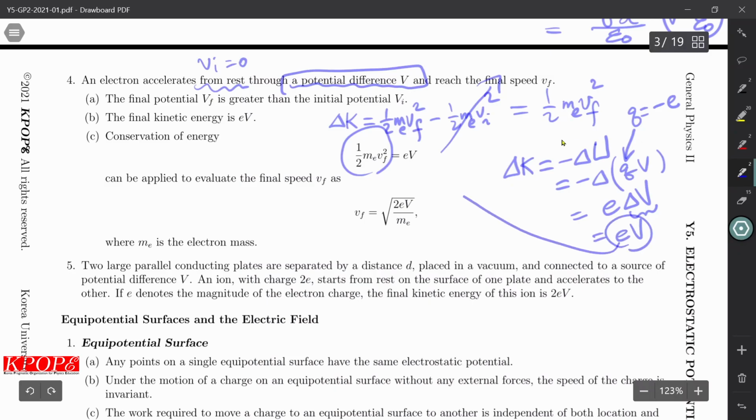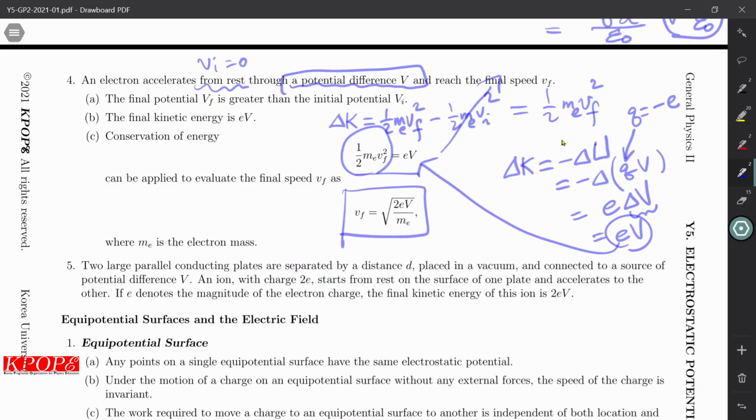So we substitute on the right side. Therefore, solving this equation, the final speed of the electron can be found like that.